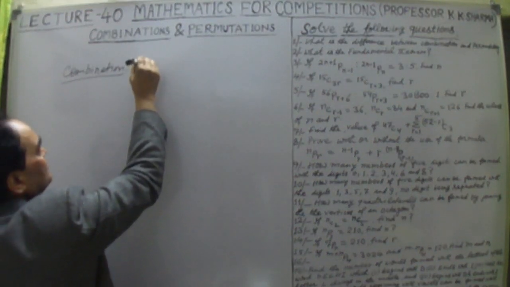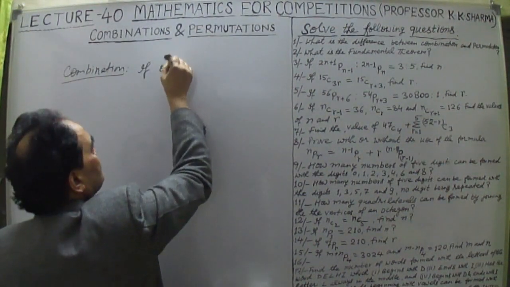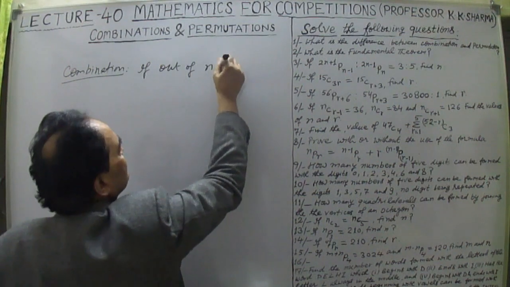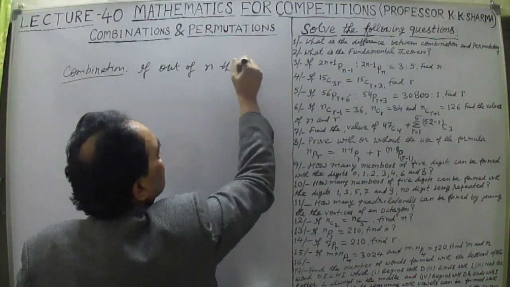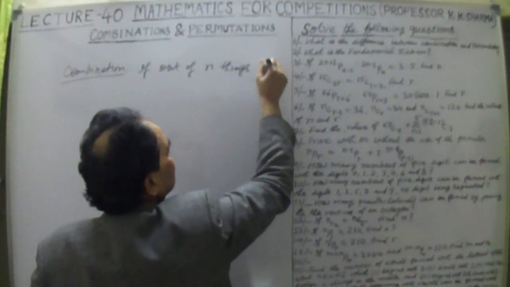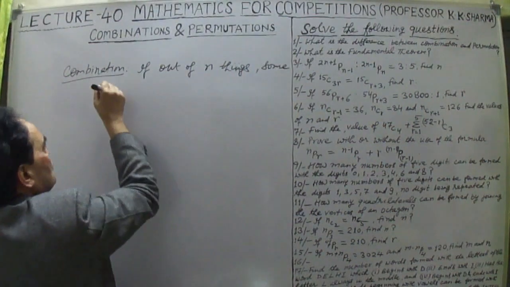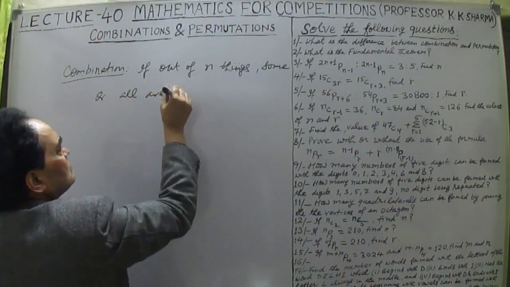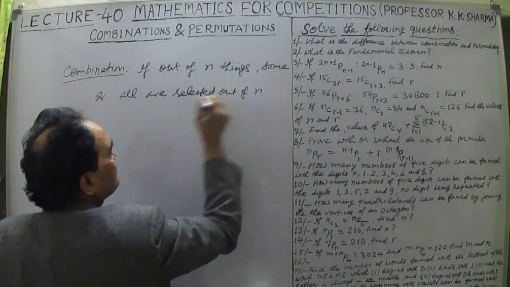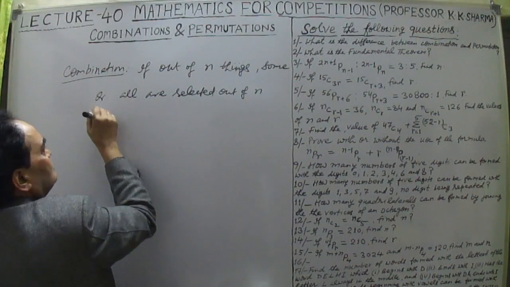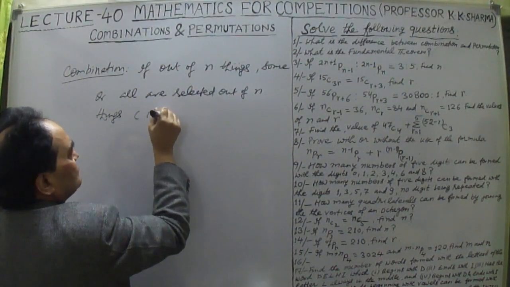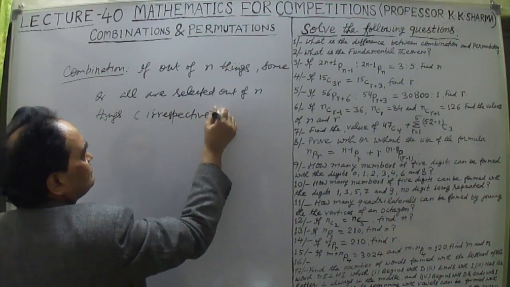Combination is, if out of n things, or out of n given things, some are selected out of n objects, irrespective of order.